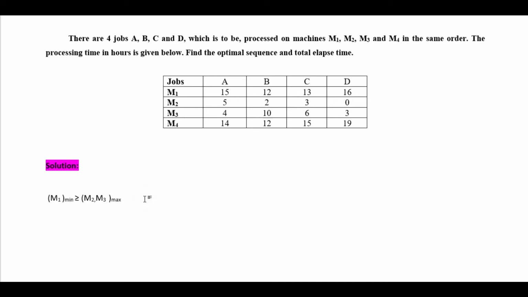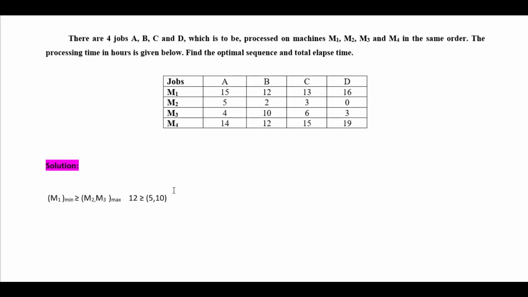So in this problem the minimum value of machine 1 will be 12. It should be greater than or equal to the maximum value of machine 2 and 3. The maximum value of machine 2 will be 5 and the maximum value of machine 3 will be 10.